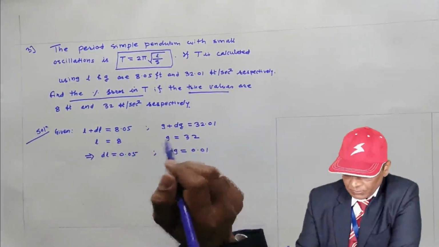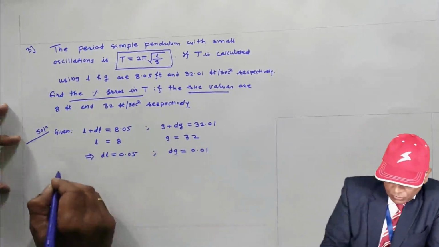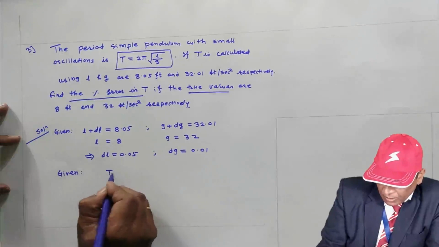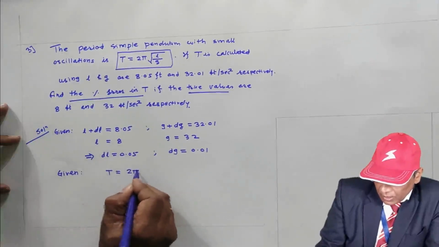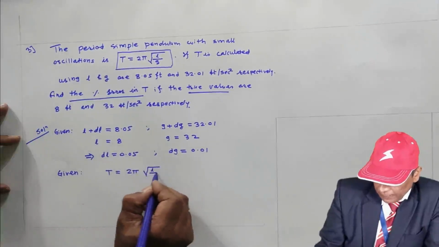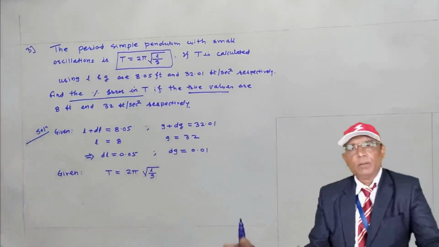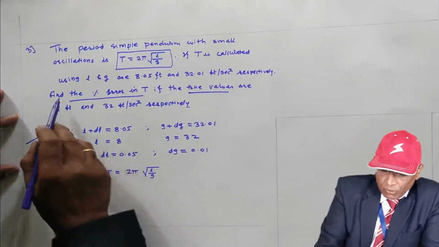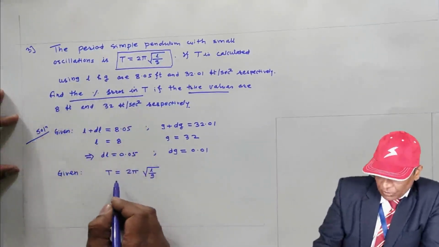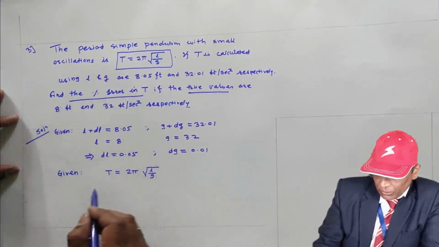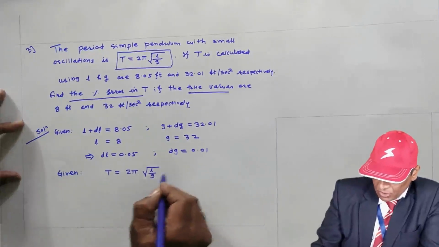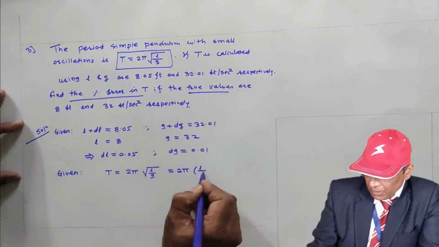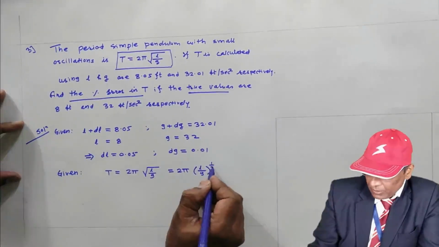Now, we have been given a relation amongst T, L and G. This is the period of a simple pendulum. Now, I want the percentage error. So what I am going to do is take the log of both the sides. Or, in order to reduce steps, you can write L by G power 1 by 2.